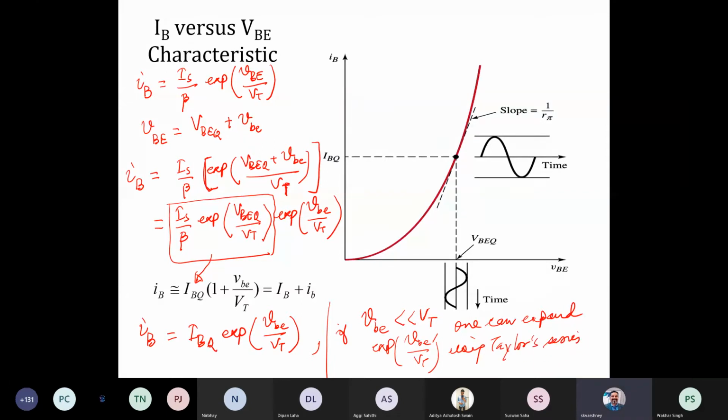That means we just take the first term and ignore the higher order terms. So what we get is the expression IBQ times 1 plus VB over VT, and this we can write as IBQ plus small IB. So this is the DC component, the current value at the quiescent point, and then the time varying component has been superimposed, right?